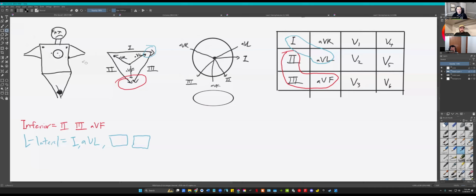So this looks at the person on a plane. Now let's say we just cut this guy in half right here. That's essentially what the precordial leads are. It's the heart's electrical tracings on a horizontal plane through the heart.